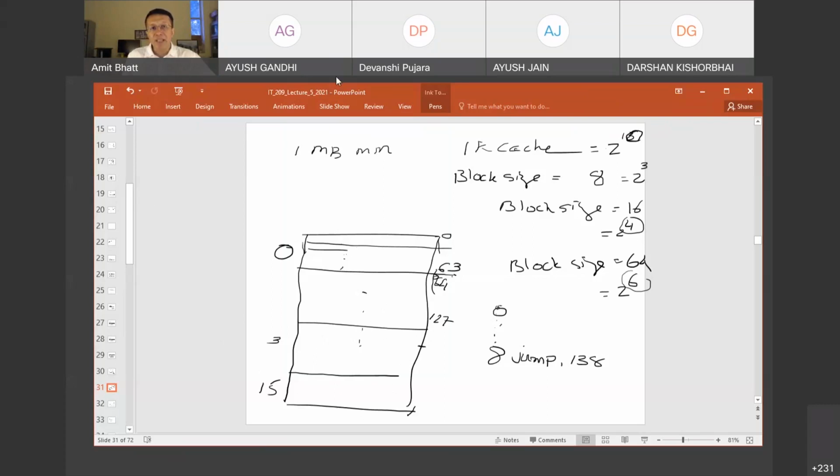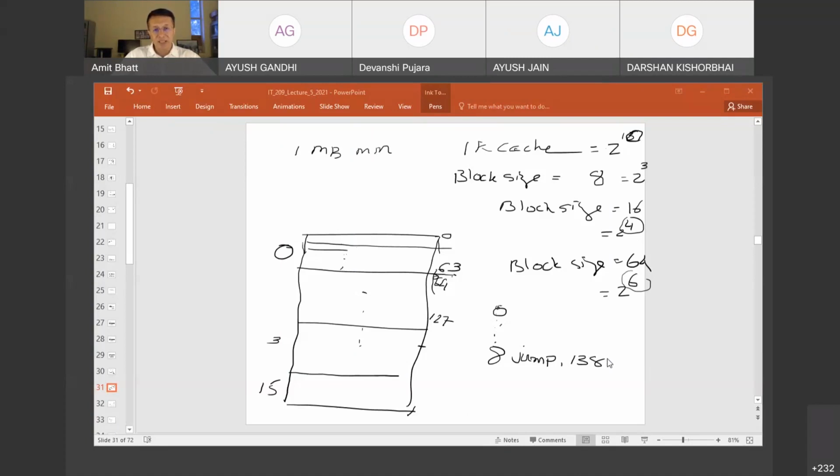So then what would happen is that, when there is a lot of jumping around, since there are fewer blocks, your required block may not be there, because this block is too large and it is occupying a lot of space. And at a time, only so few blocks can be there. So your important, required block may not be there, and other blocks which are lying in cache are not going to be used again.